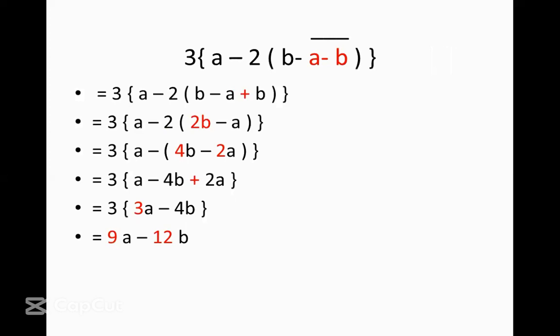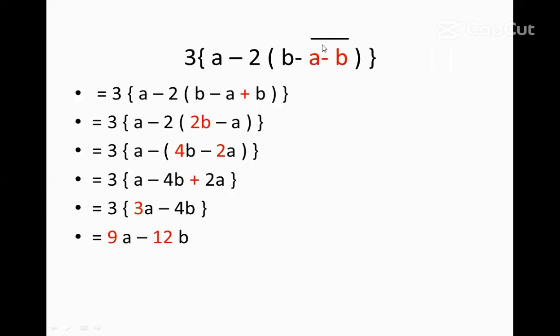Now students, look at this question, we also have vinculum. Remember, this is also known as bar bracket. It is the first bracket and it is the bar above. Now it is also considered a bracket. Now look at this.